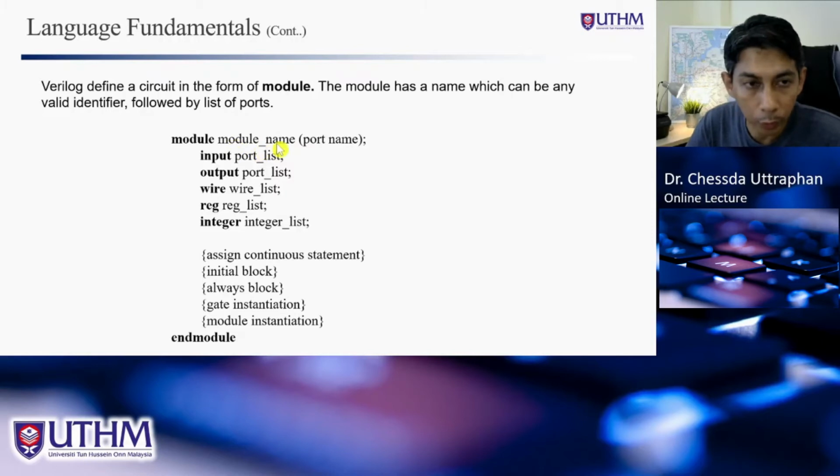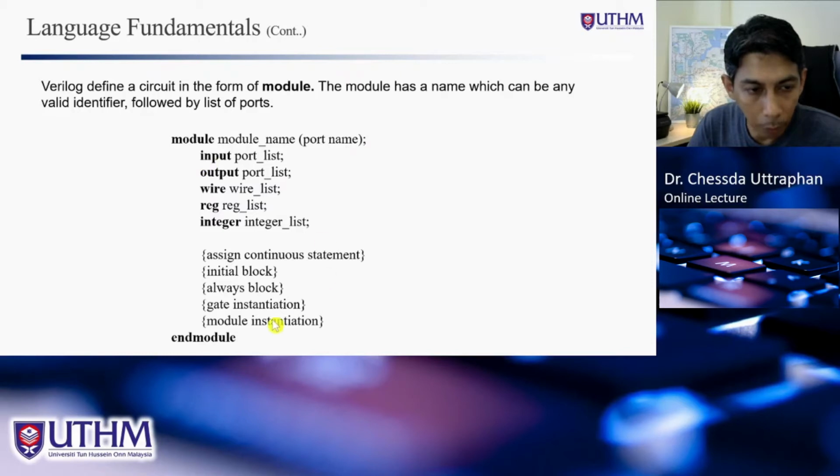If you have two words, make sure you use an underscore between them. You cannot have two words for the module name, and also you cannot start with a number. You need to start with an alphabet letter. In the bracket are the port names, meaning what your inputs and outputs are. You need to list your ports here in the bracket, followed by a semicolon.